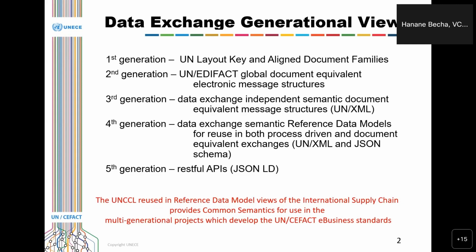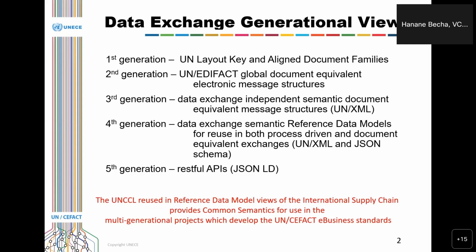So the fourth generation is reference data models for use in both process-driven and document equivalent exchanges, basically working on and delivering GSON's schema. And now we are working really on RESTful API to be able to exchange data.